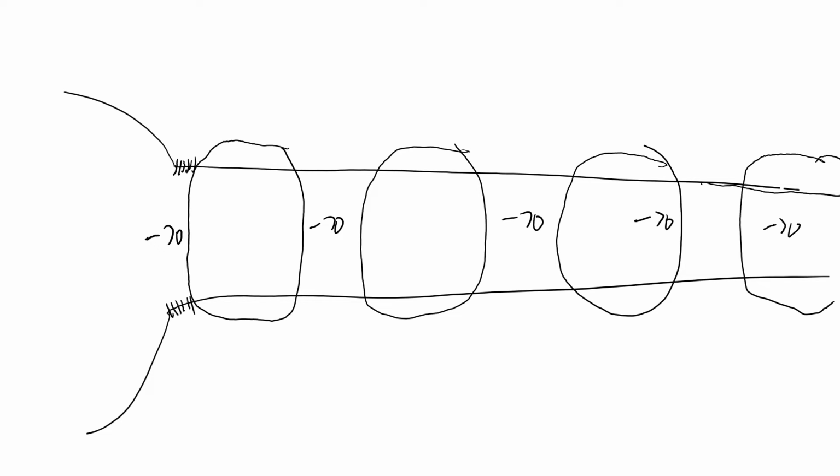If we can depolarize the hillock to threshold, we know what happens. We get to negative 55, the voltage-gated sodium channels open, sodium shoots in and drives the interior to positive 30 millivolts.